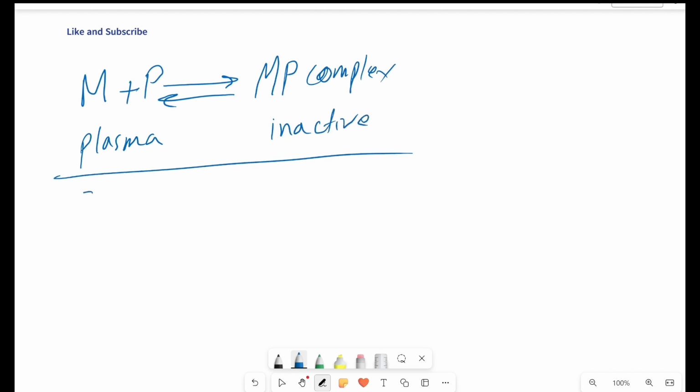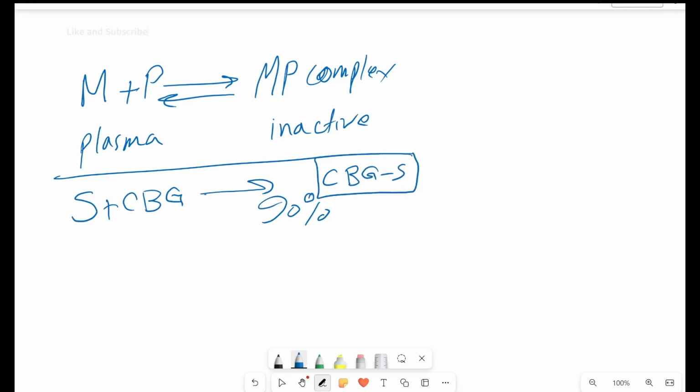If you talk about steroid binding to the CBG, they said 90% will be the CBG-steroid complex, and 5 to 10% will be free or bound to the albumin. So you can see the relationship will be an inverse relationship. This is free, this is binding to the globulin, and this is the complex, which is inactive, as we mentioned.